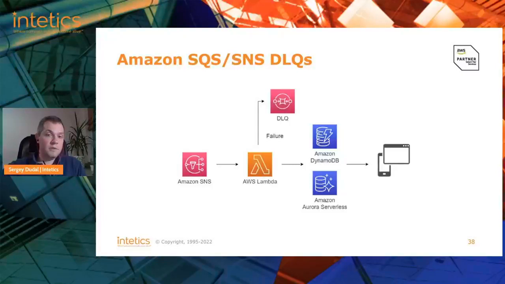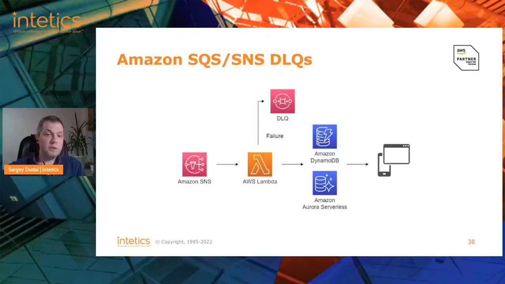And when we have DLQ, it allows us, for example, to add additional alarms on DLQ when a new message appears there, so we will get a notification about this. Or, for example, DLQ allows us to analyze a failed message and debug our application against this message and the information from it.